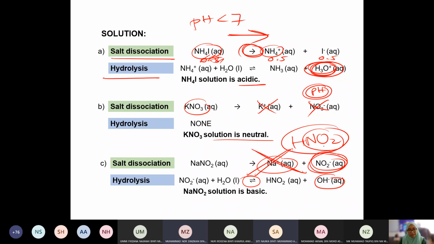A conjugate base is a base, and a base will produce OH-. Make sure you don't get this wrong, because students get confused when writing the equation and the chemical formula. Suddenly there is HNO2 with a minus there. They get confused about who donates and who accepts. When it accepts a proton, what does it become? When it donates a proton, it loses a proton. So don't get confused.